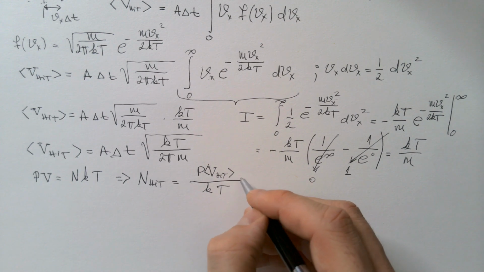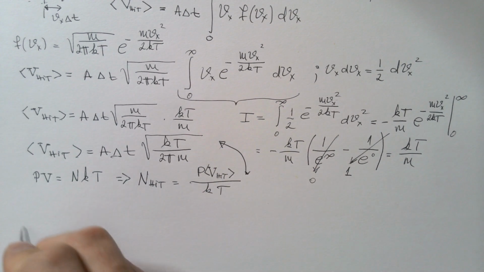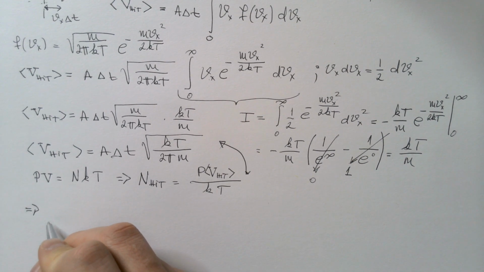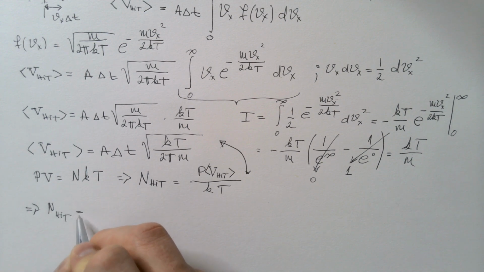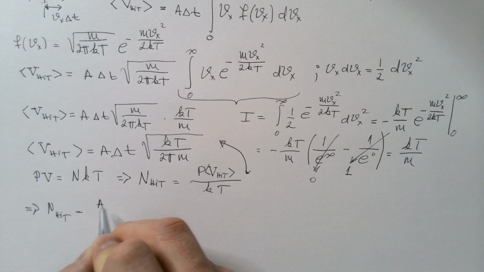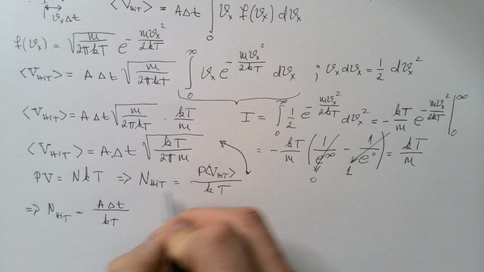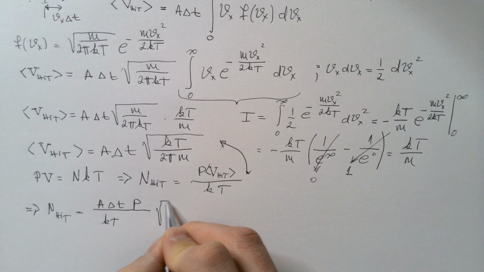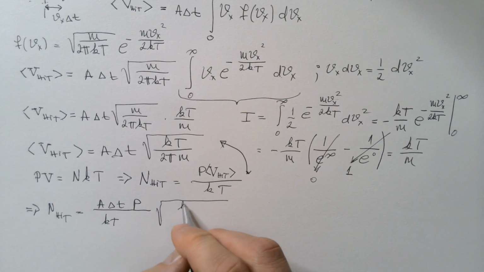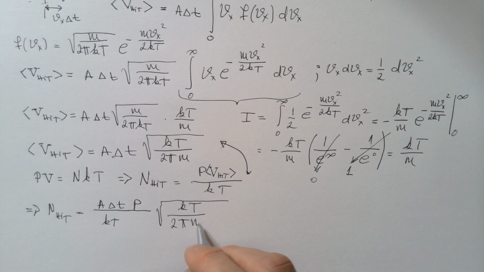Now combining these two together, I will get that the number of atoms that hit the wall is equal to A times delta T divided by kT, times this pressure as well, and this square root of kT divided by 2 pi m.